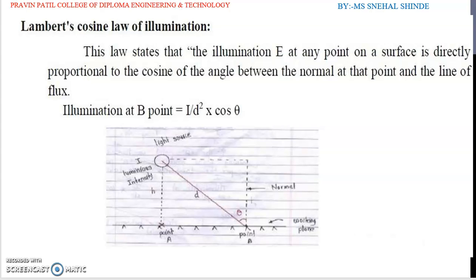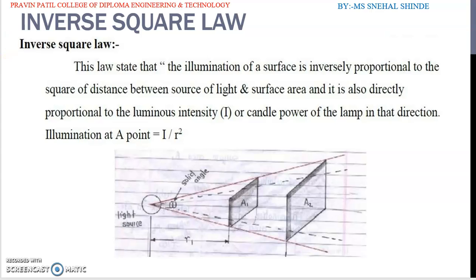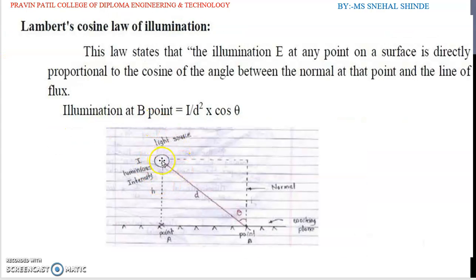So this is the light source, this is the point A, this is the point B. The illumination from this light source to the point on the surface. This is the working plane given over here. Point A is here and point B is here.